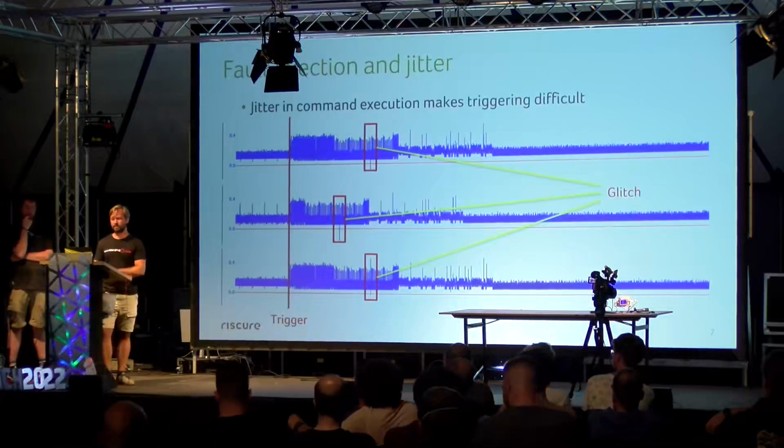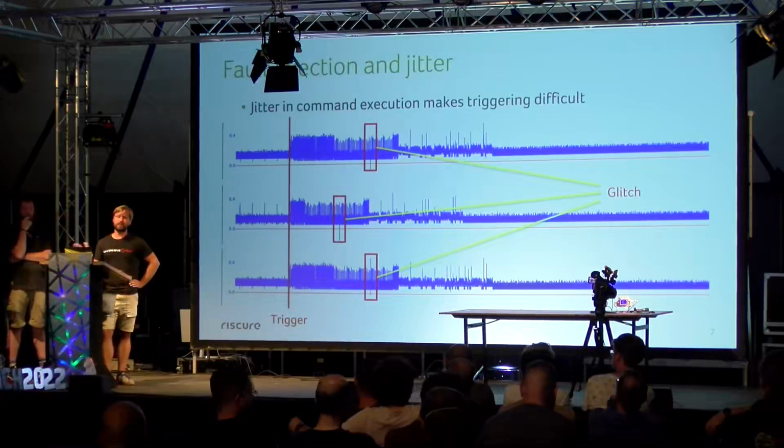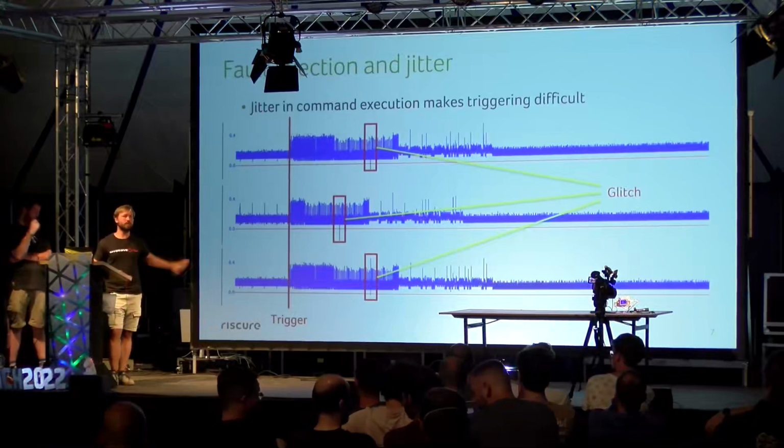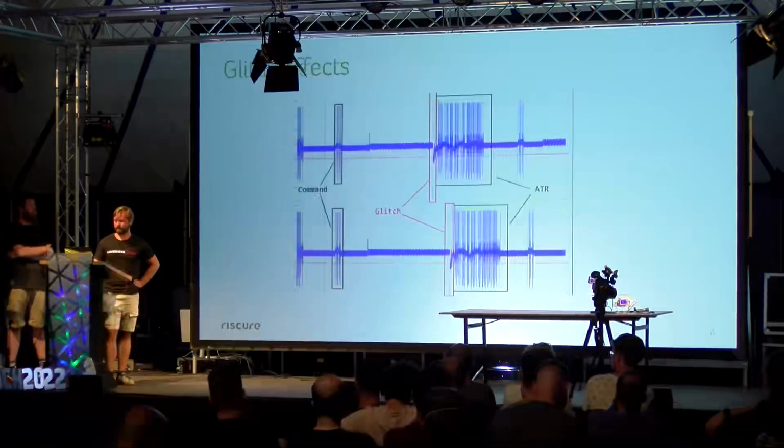Sometimes you will be more successful, sometimes less, and sometimes you need to search quite a bit of a parameter space to find the exact spot where you want to introduce the glitch. You will have some probability, sometimes very high, sometimes not that high, of successfully introducing the glitch at this exact moment. That's one of the problems you always have when you do fault injection, and something you have to figure out.